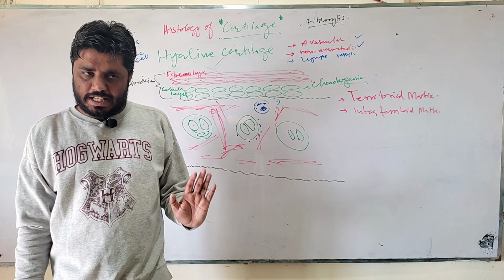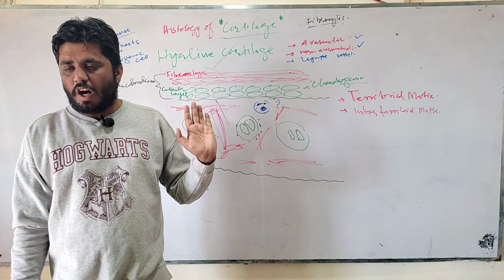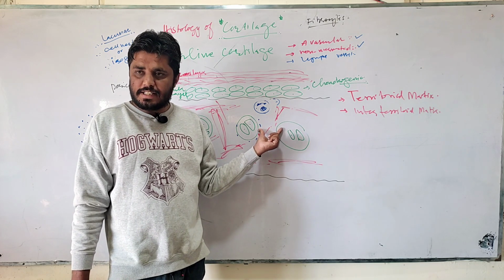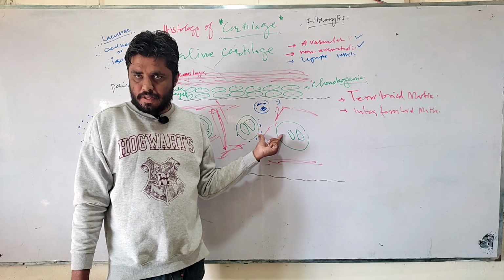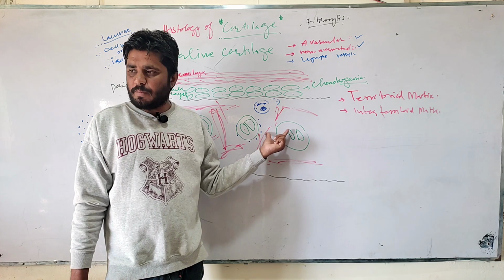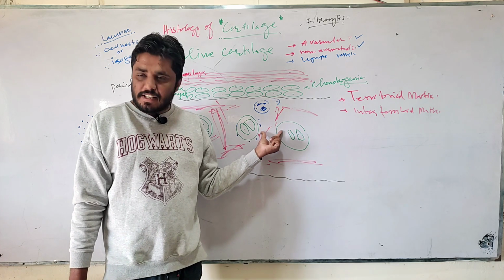Listen to my question again carefully. If there are no blood vessels, how will this tissue, these beautiful cells, survive here? How are they doing their normal activities? They need nutrition. What? There is no blood vessel.